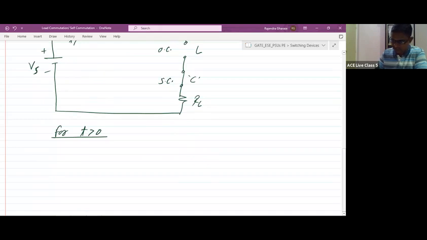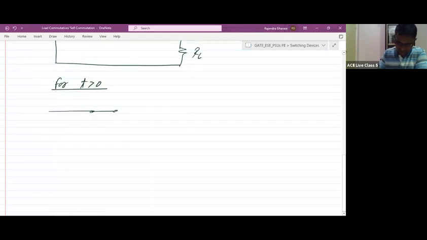It will be like this. The SCR is in the on state, here it is the inductor, here it is the capacitor, and here it is the load resistor RL. The supply voltage is DC.